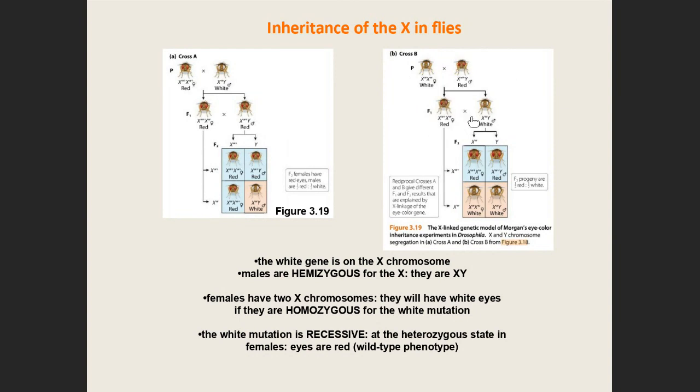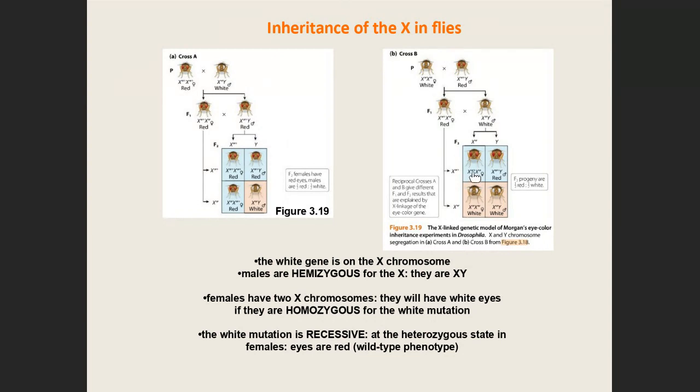And the males have all white eyes because, no matter what X they receive maternally, since the female has white eyes, it'll have a mutant allele. So the male transmits the Y, but the X that they have will necessarily be white minus. And the females are 50-50 white plus, white minus, as in the previous cross.